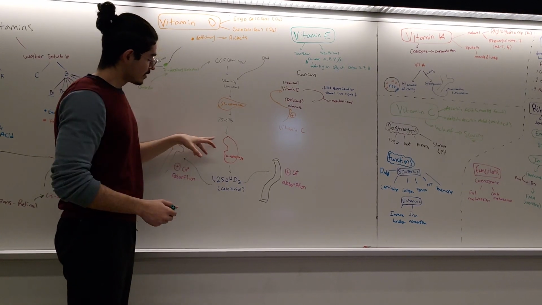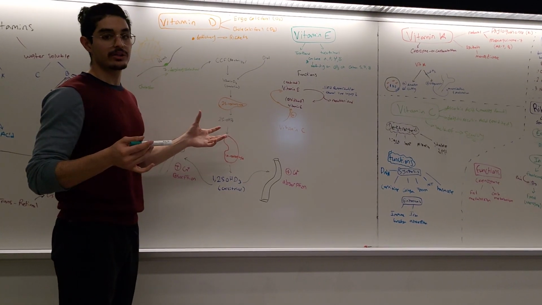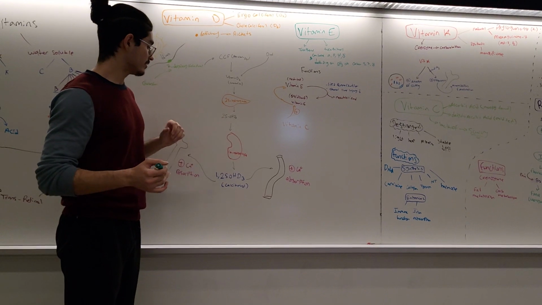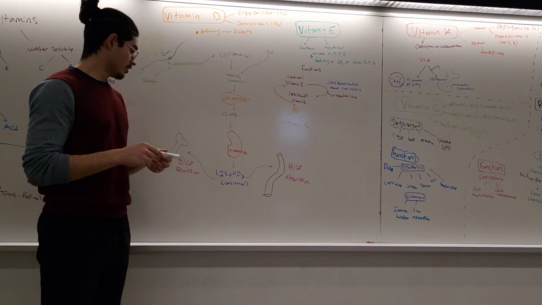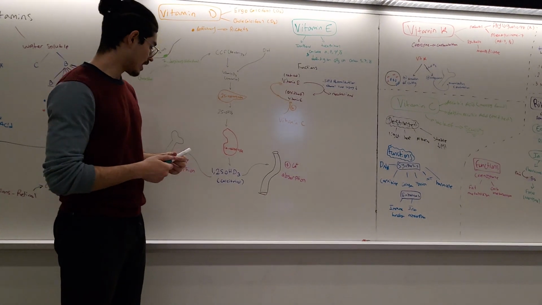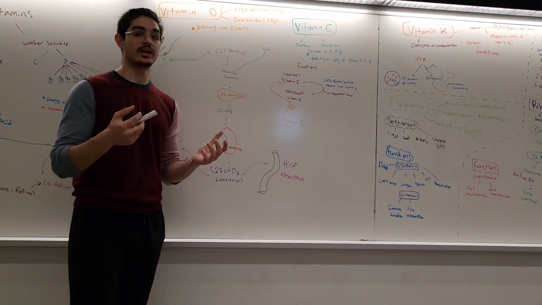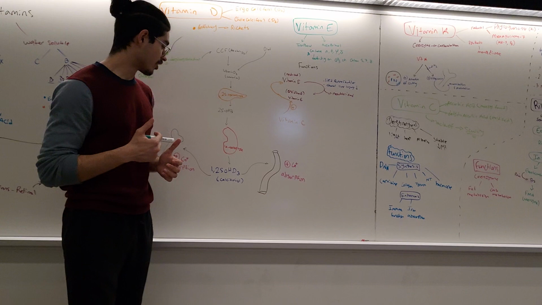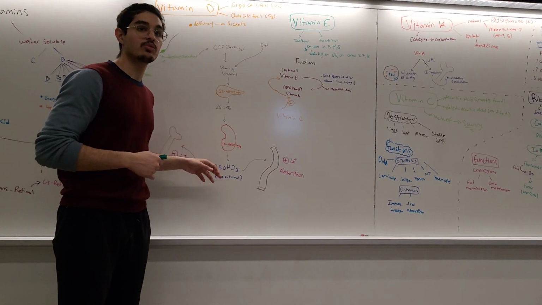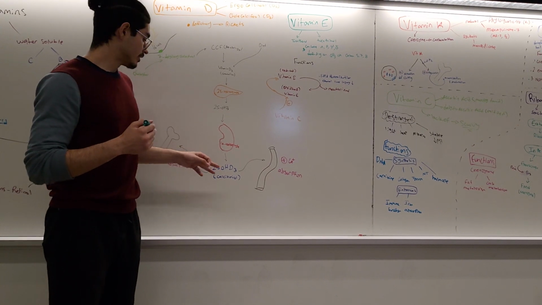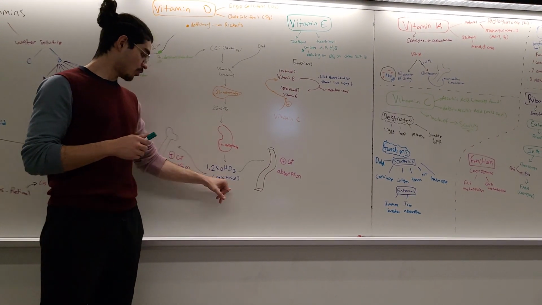And then this molecule continues circulating into the kidneys, where it sees this special enzyme, 1-alpha hydroxylase. 1-alpha hydroxylase puts another hydroxyl group on the first carbon. Okay, so the molecule that we end up with is 1,25-dihydroxy vitamin D3 or calcitriol.